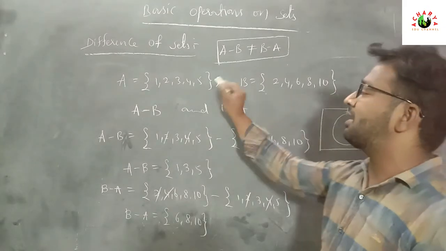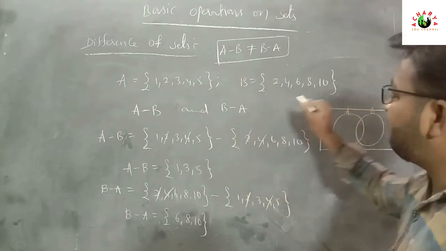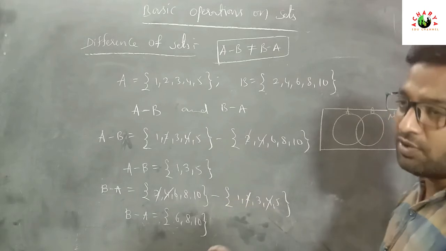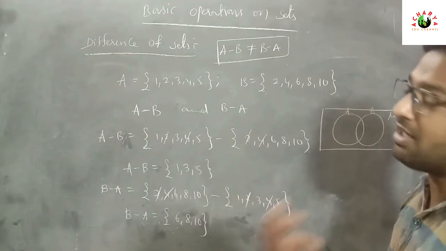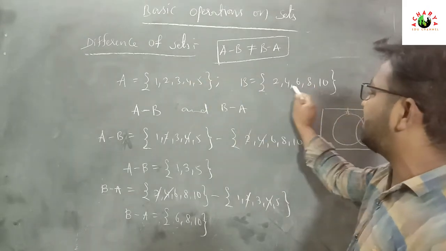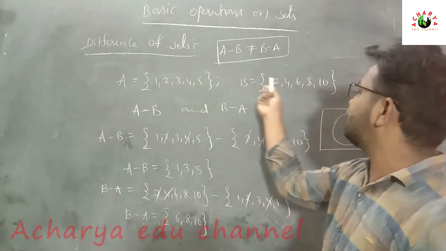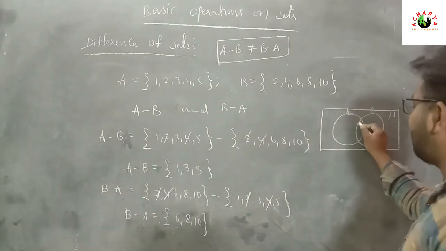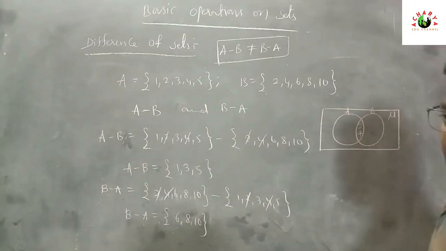First we should write the common elements of both sets. When we are drawing a Venn diagram, first we write the common elements of both sets, whether for union, intersection or difference. What are the common elements in both sets? 2 is common to both and 4 is common to both, so we write 2 and 4 in the middle.